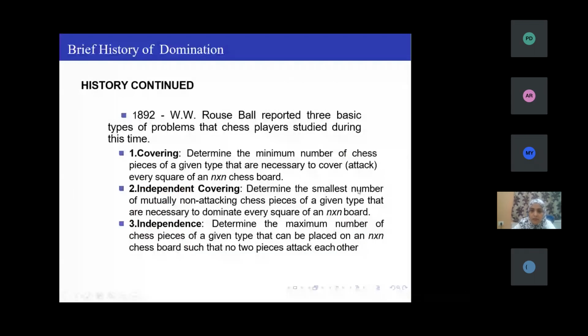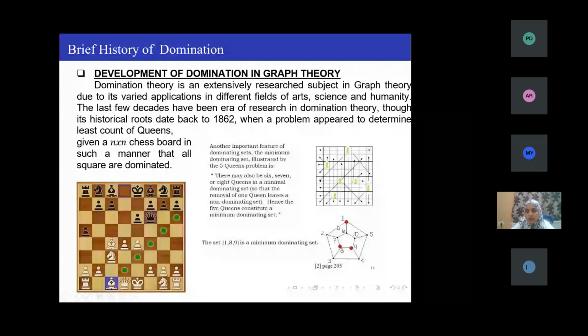Independence: determine the maximum number of chess pieces of a given type that can be placed on an n cross n chessboard such that no two pieces attack each other. It means the independence number is the maximum number of chess pieces that can be placed on the n cross n board. The same thing here: independence means the vertices which are not connected to each other, which are totally independent, will be considered as the independent vertices.